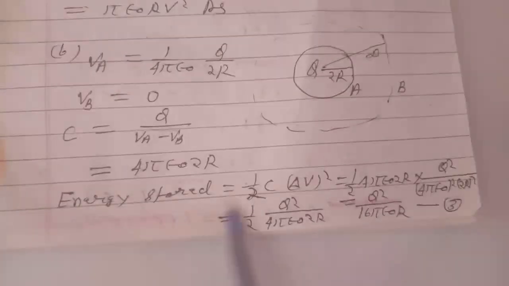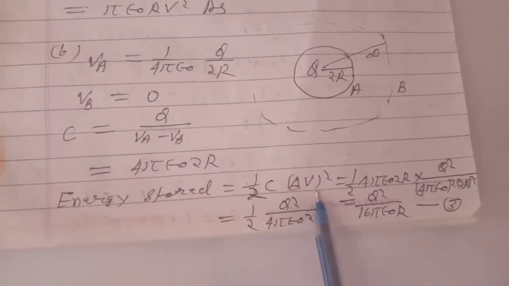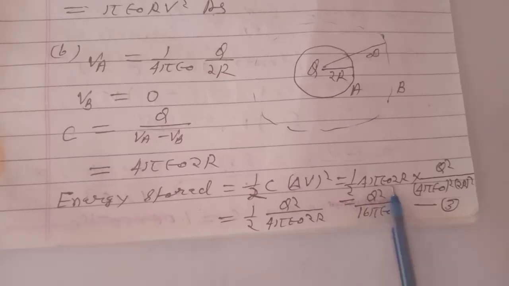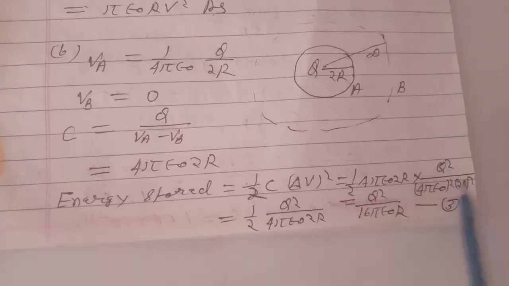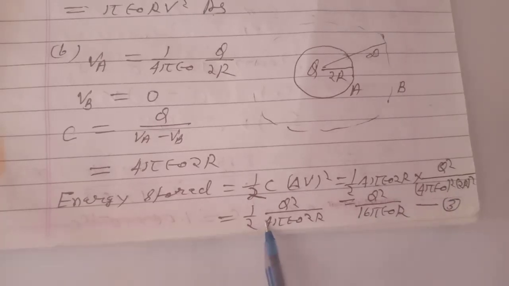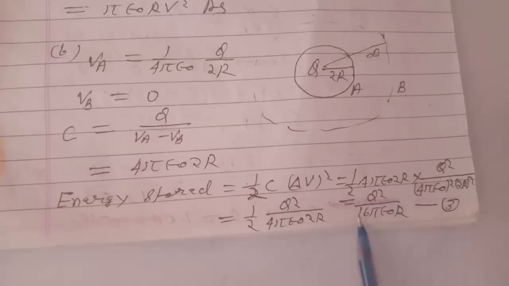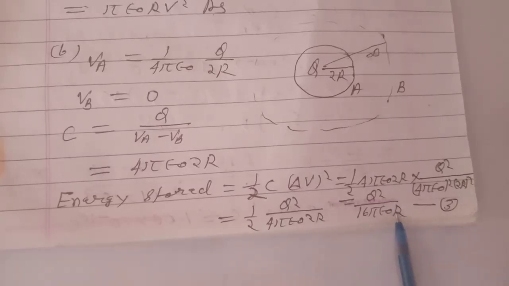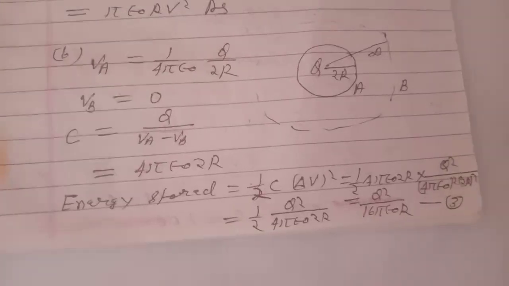Hence energy stored is 1 by 2 C delta V square, 1 by 2 into 4 pi epsilon naught into 2R into Q square by 4 pi epsilon naught square into 2R square, and solving, 1 by 2 Q square by 4 pi epsilon naught into R, Q square by 16 pi epsilon naught R. This is equation 3. Thus from equations 2 and 3 it is clear that the statement is true.